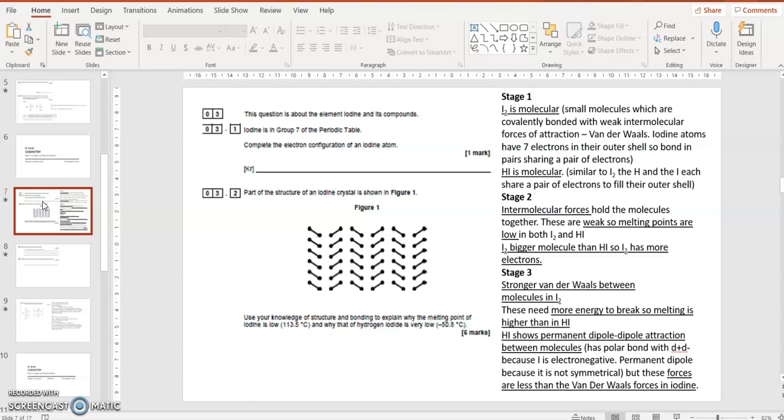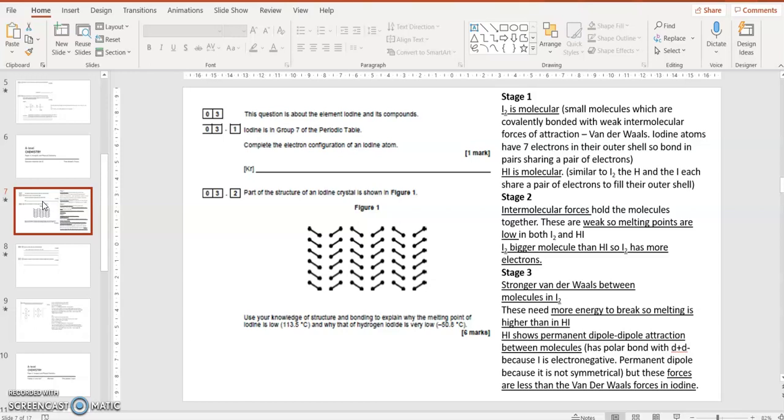However, iodine is a bigger molecule. The atoms are bigger. Two big iodine atoms. Hydrogen is a small atom combined with iodine, so that's a smaller molecule. So iodine, I2, rather than HI, is a bigger molecule, so it's going to have more electrons.